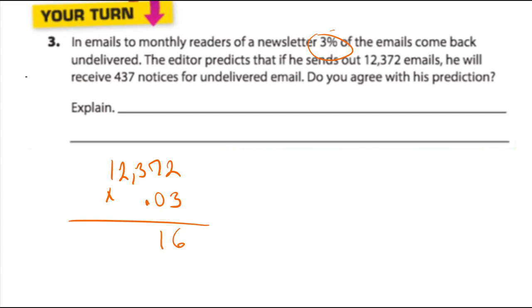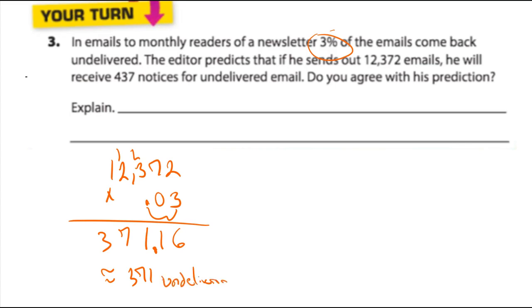6, 3 times 7 is 21, 3 times 3 is 9, plus 2 is 11, 3 times 2 is 6, plus 1 is 7, 3 times 1 is 3. We move it over 2 decimal places. We put our decimal point in, and we get about 371. This sign just means about 371 undelivered.